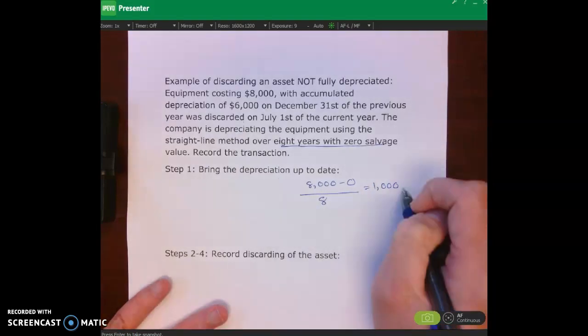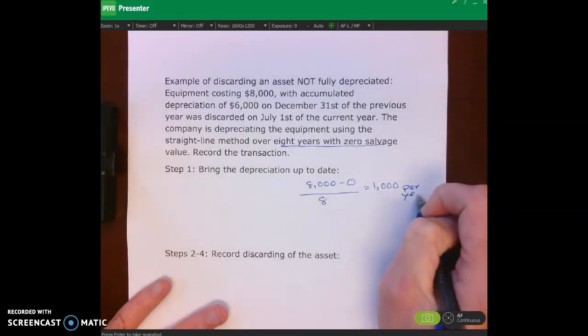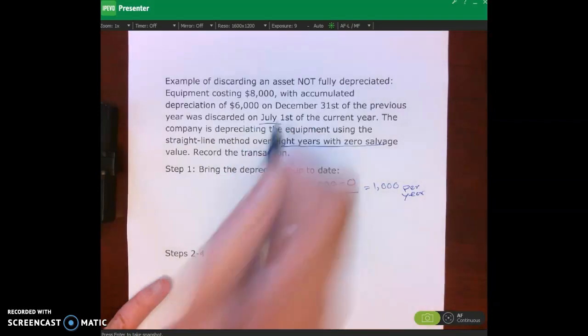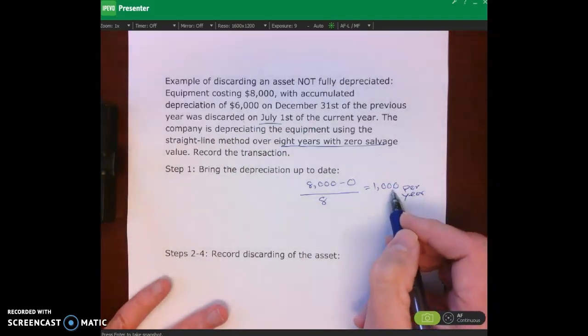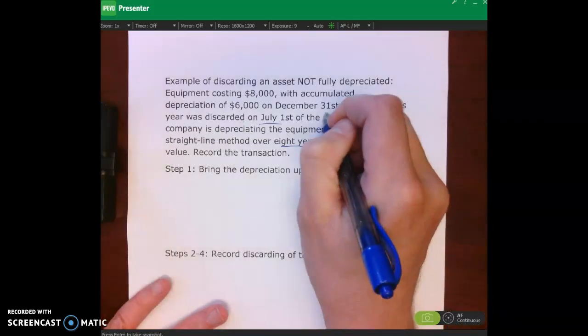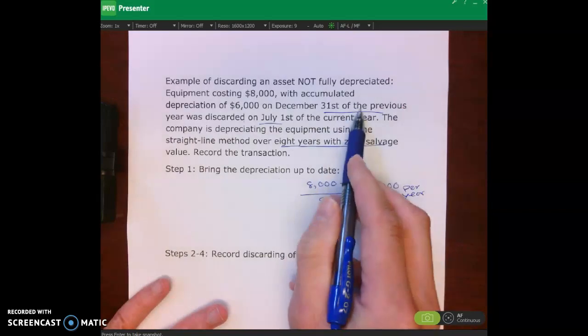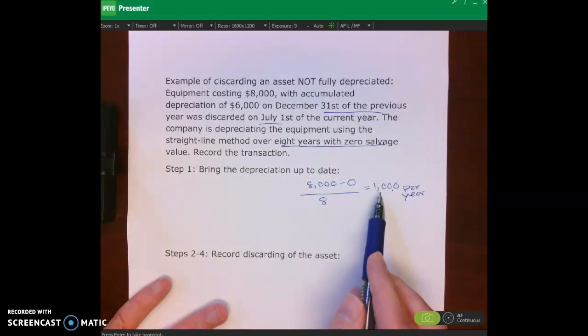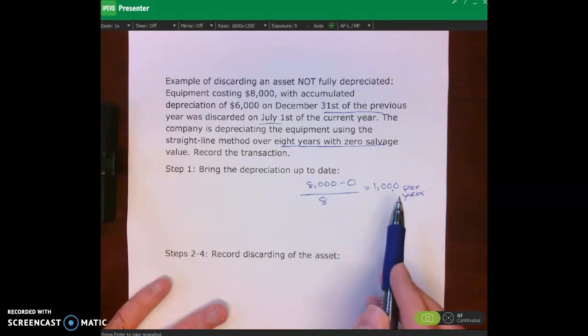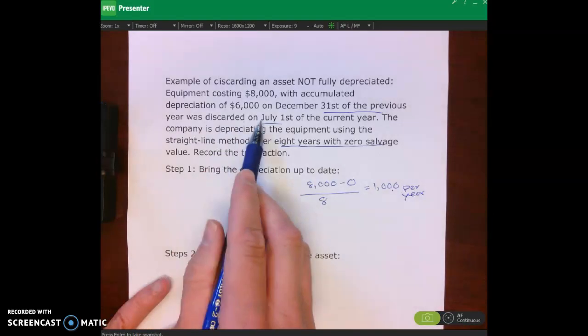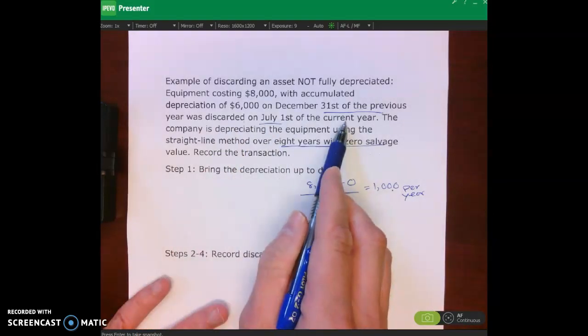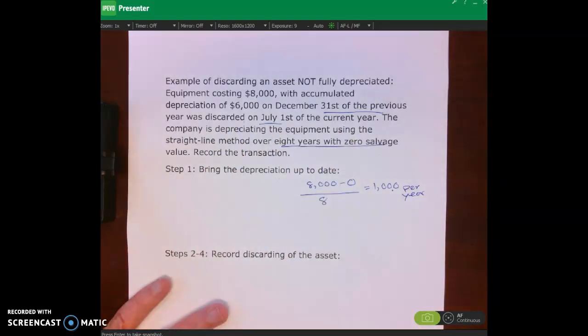Okay, per year. So I'm discarding this on July 1st. So the last time I recorded depreciation, well, it's 12/31 of the previous year. So on 12/31 of the previous year, I debited depreciation expense and credited accumulated depreciation. So that means from January until July of this current year, I haven't recorded depreciation yet.